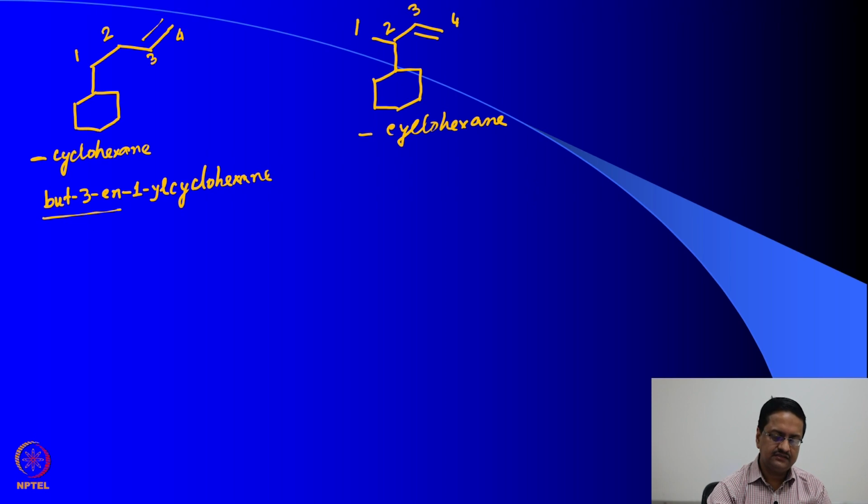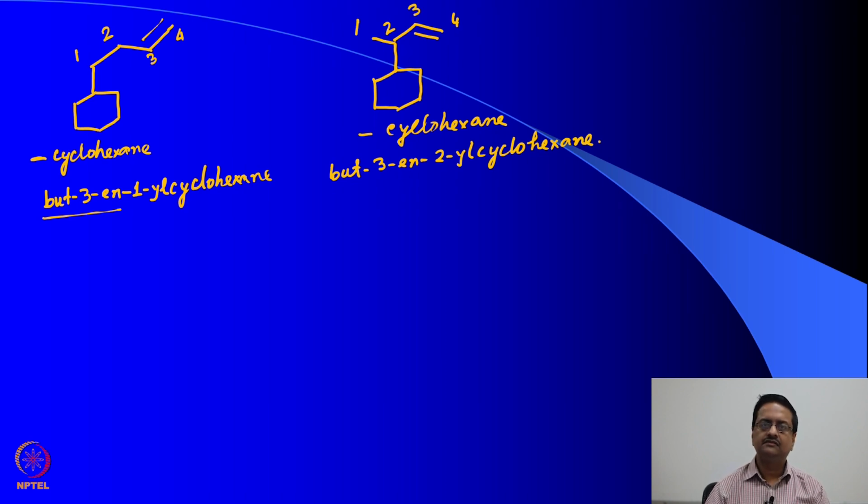So, you can easily understand that the name of this compound should be but-3-en-2-yl cyclohexane. So, this is how one should number a cyclic compound with a complicated chain outside the ring.